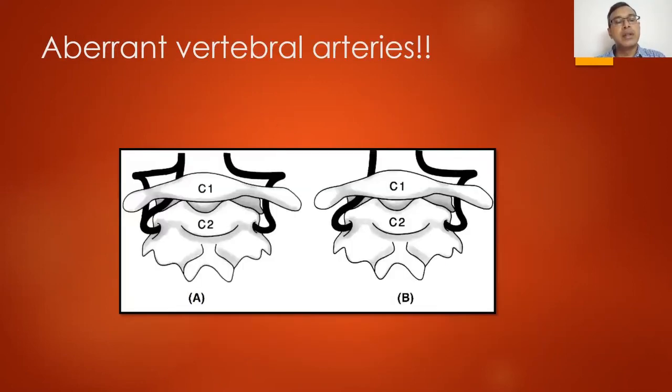There are certain things which I should have done and which have been missed by me. You must know the apparent course of the vertebral arteries. In these two pictures, you can see that there is a possibility of aberrant vertebral arteries, and they pass in between the joints where actually you are putting the needle.